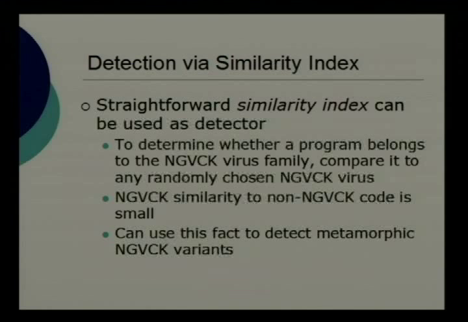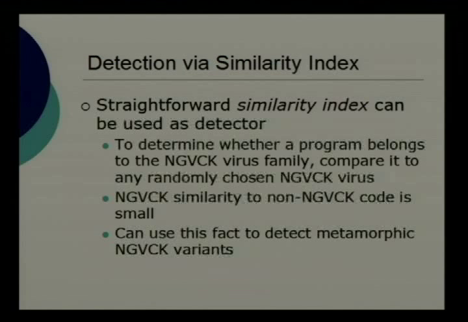Most of the time, you would expect to find 0 similarity because it's very different, and most of the time we actually did find 0. If it has 0 similarity, we can immediately conclude it's not an NVIC virus. But if program A has some similarity to the chosen NVIC virus, what do we do? We pick that NVIC virus and compare it to 20 other NVIC viruses to see the average similarity of this virus to the other viruses in the same family.